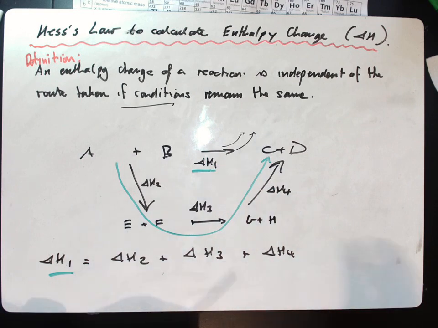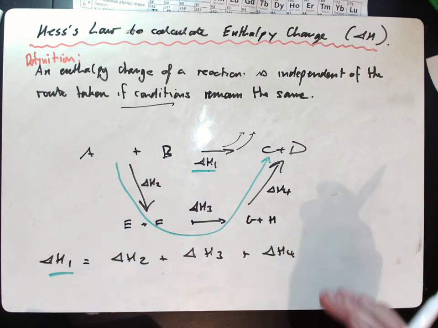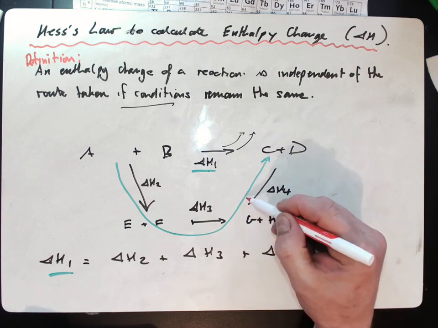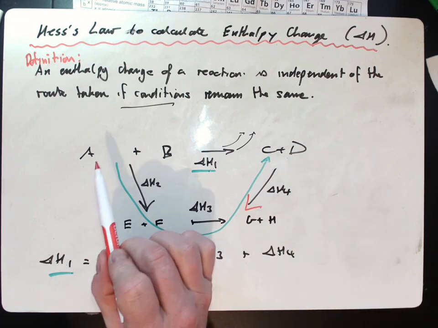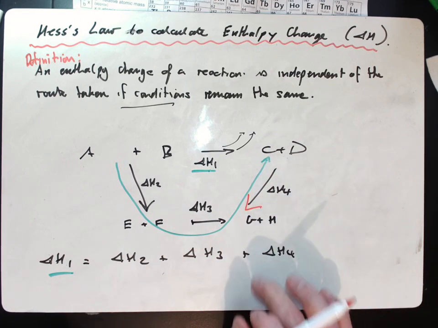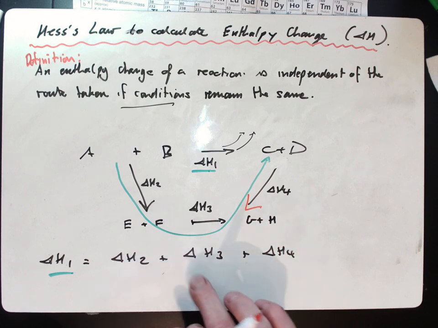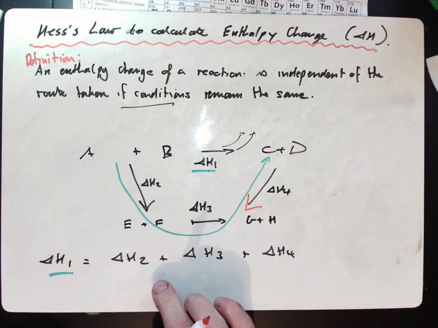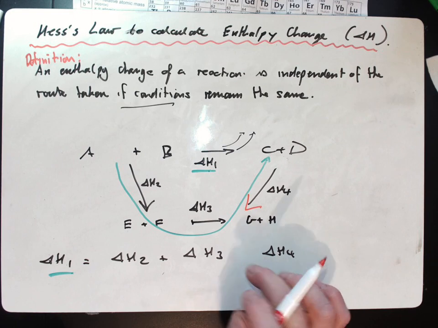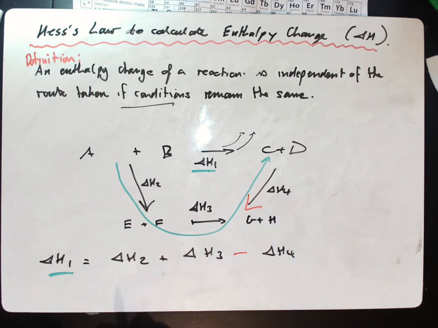If you come across an arrow which is going in the opposite direction to where you want to go, in that instance you take it away. So that's the equation we turn from delta H1 equals delta H2 plus delta H3 to now minus delta H4. And the same would apply for any of the other ones.